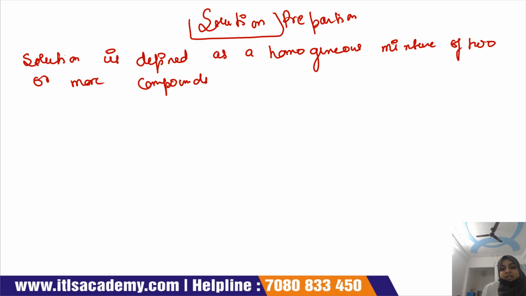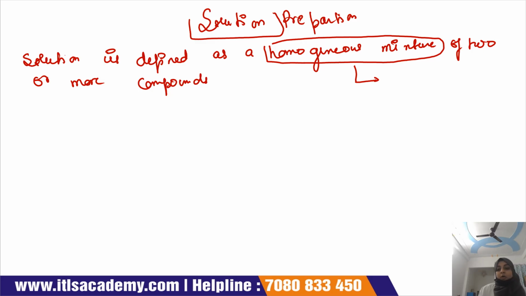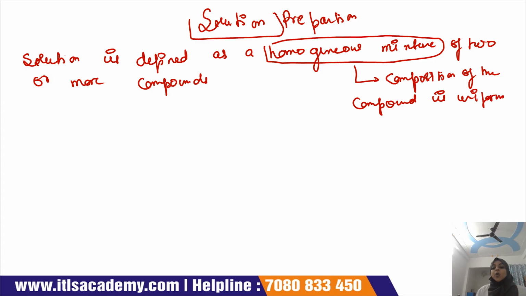Here, the homogeneous mixture means that the composition of the compound is uniform. Simply, solution is the homogeneous mixture of two or more compounds.